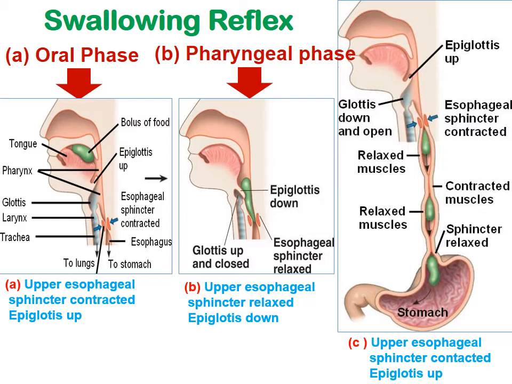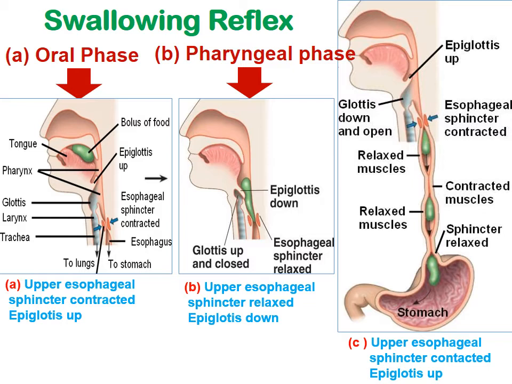There is a deglutition center, located again in the medulla, which will be helping in this particular reflex. Same as the salivary center in salivary secretion, there is a deglutition center also located in the medulla, which is responsible for this action. So please remember that during deglutition, there is a momentary stoppage of breathing. What will happen if this doesn't work?